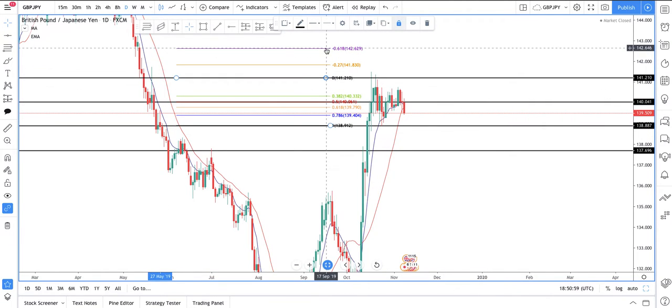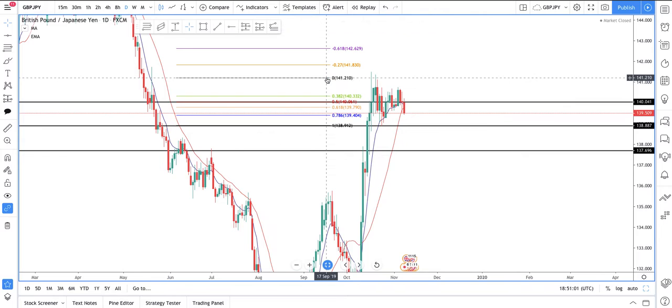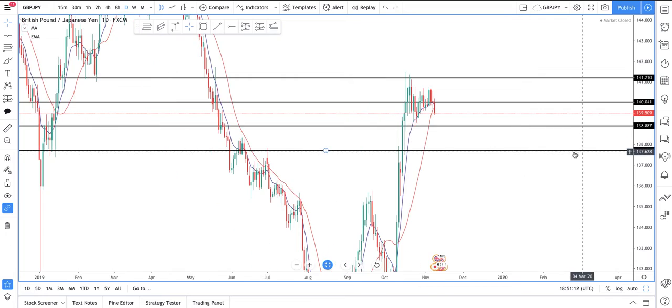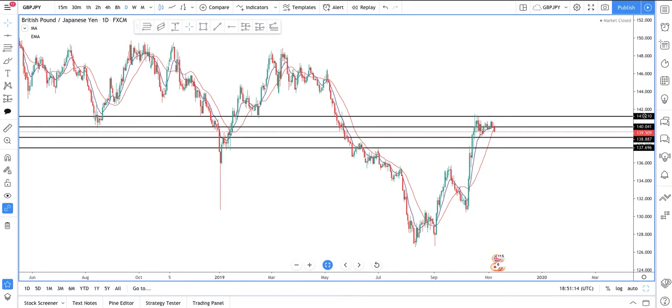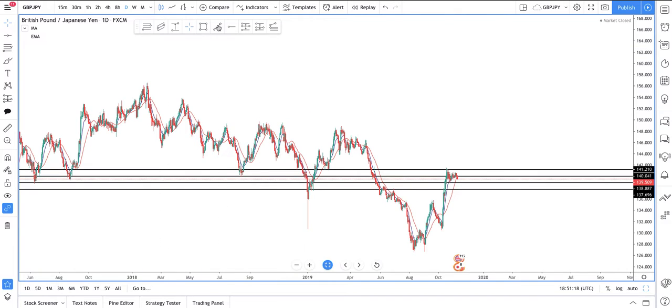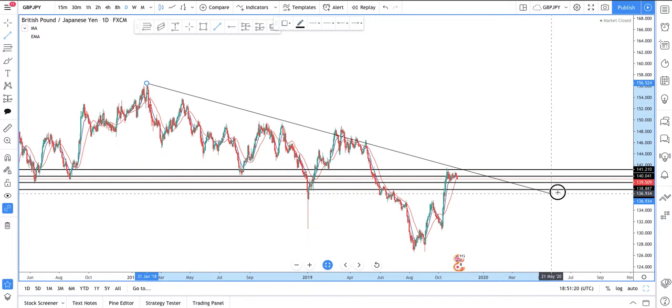Well, we'll just put these on for now, and then you can replicate these up or down depending on wherever the price moves. And then we'll throw in some trend lines.